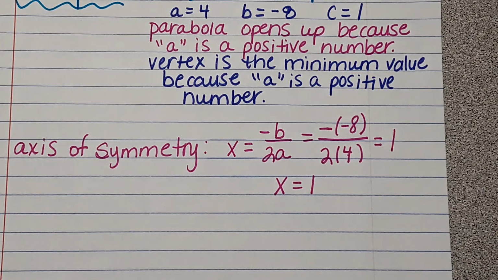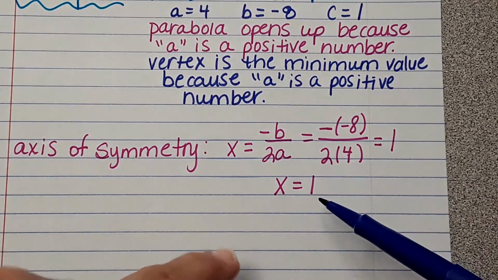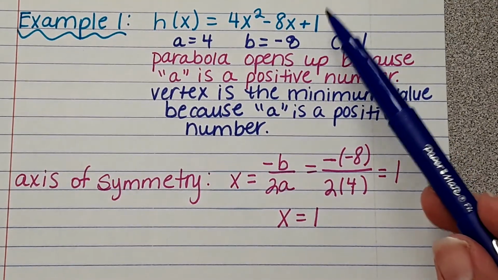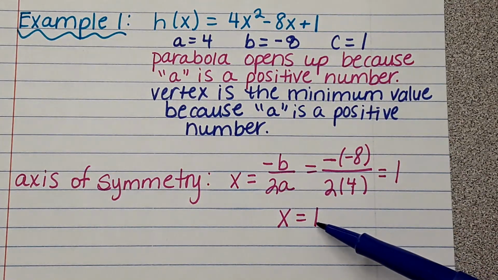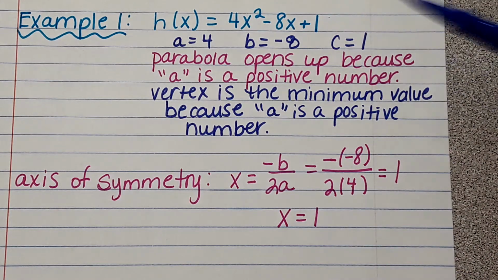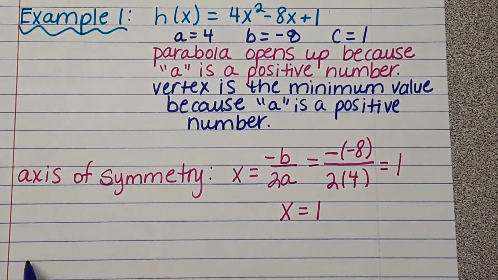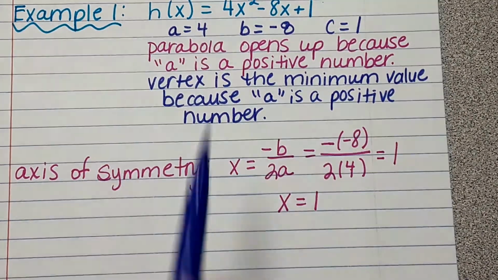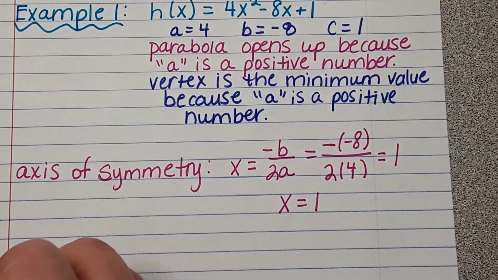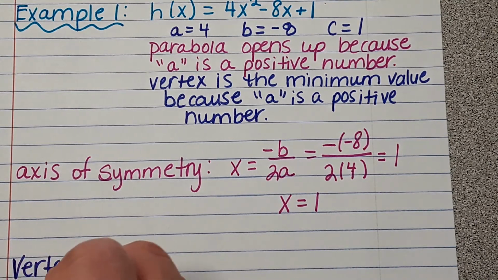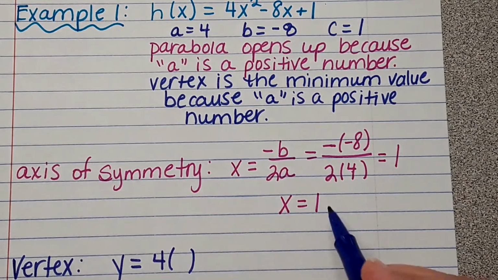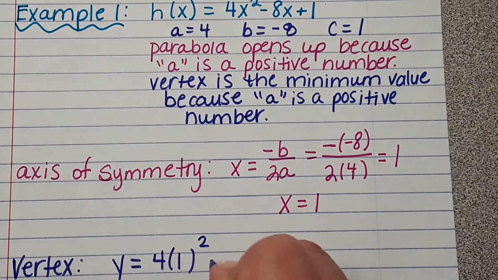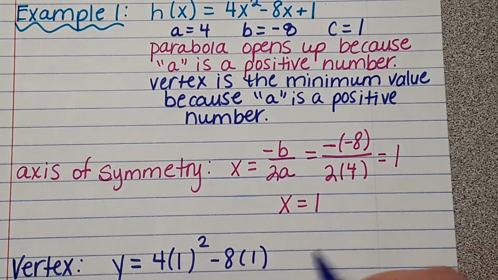Then the next part is find the vertex. Well, to find the vertex, I'm going to take this 1, my axis of symmetry, and plug it into my equation. And I'm going to change my h of x to a y. y equals 4, and instead of x, I'm going to write 1, and then plus 1.